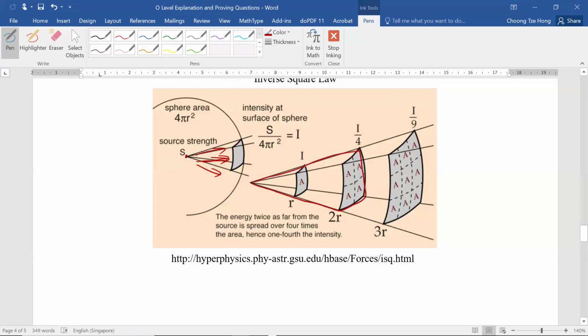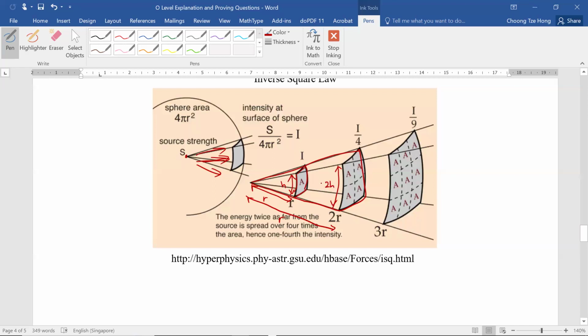Based on this shape, we have similar solids. The original distance is r, and when it is doubled, it becomes 2r. Not only does this distance double, this height, let's say h, will also double and become 2h.